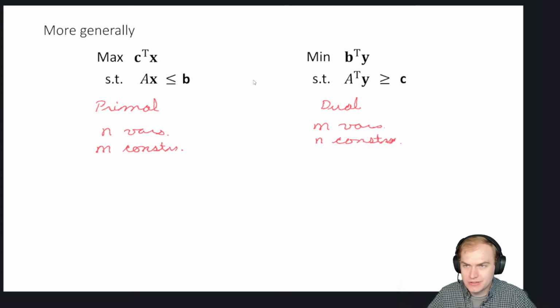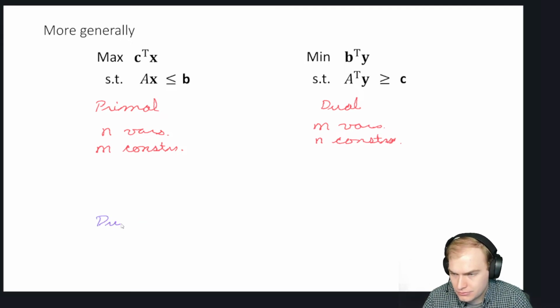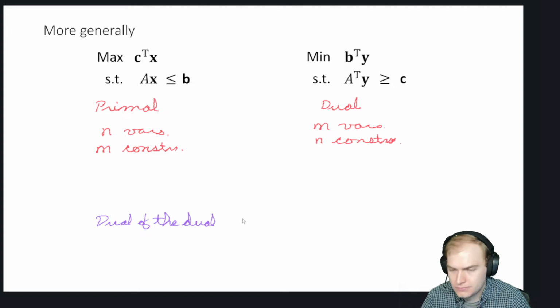You may also notice that if we took the dual of the dual, we're going to swap the minimize for another maximize. We're going to swap B and C again.